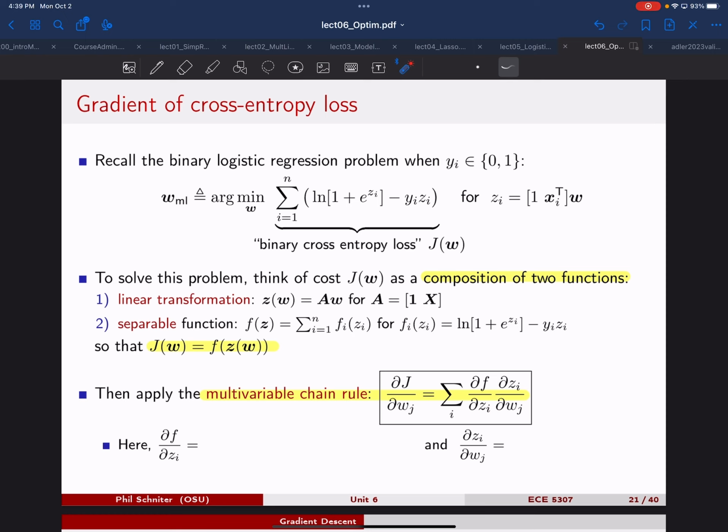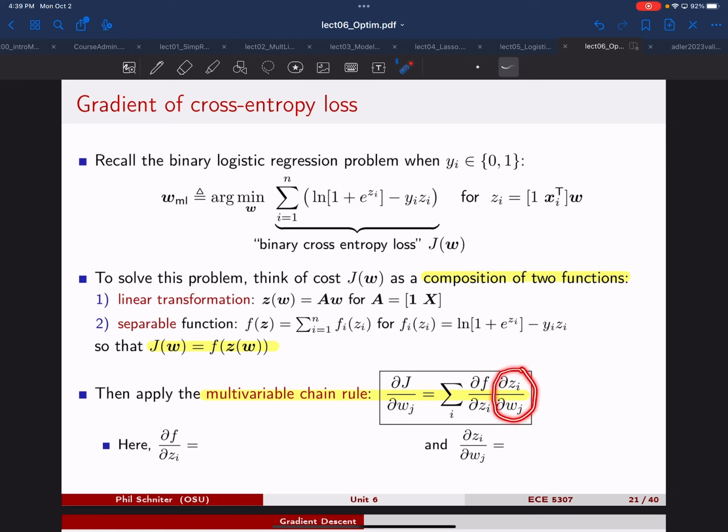Okay, so one way you can think about this is that there's many ways for the jth term in w to affect our cost. The jth term here can affect the first z, which will then affect the cost, or it can affect the second z, or the third z, and so on. And that's what's showing here.